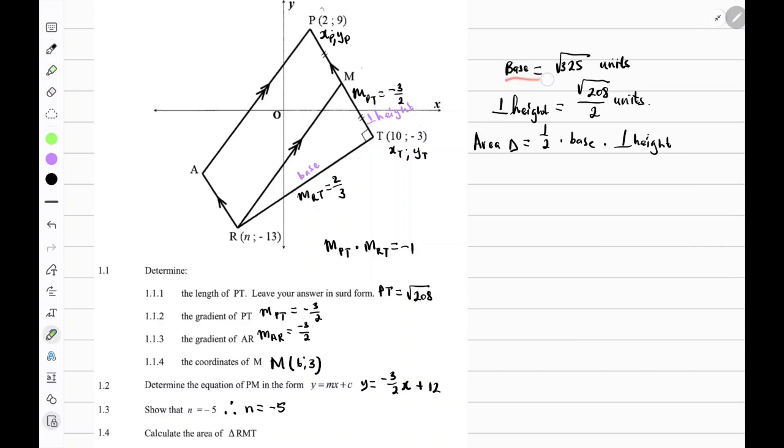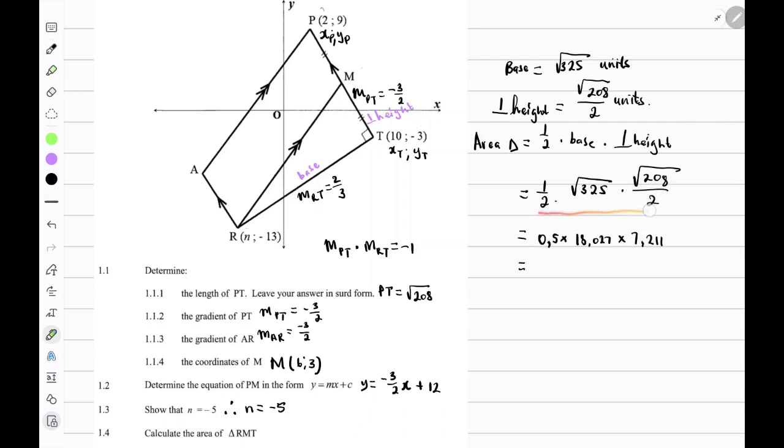So now that we have all the necessary parameters, we have the base, we have the perpendicular height, now we can substitute it into the formula to find the area. So this is equal to half the base, square root of 325, times square root of 208 over 2.